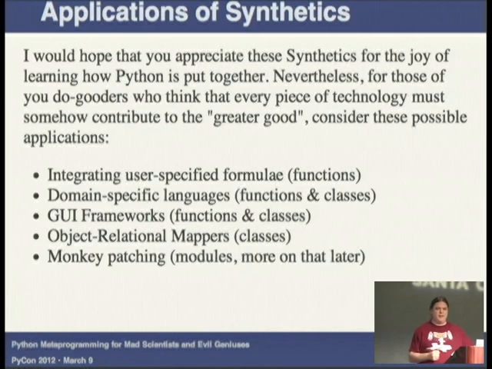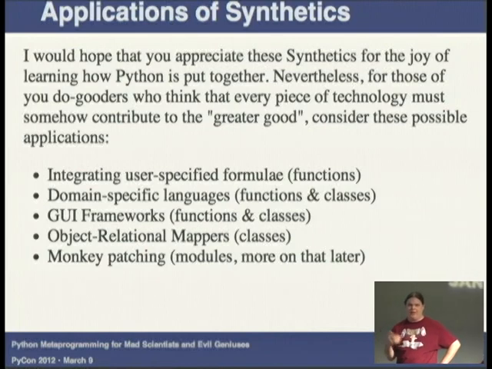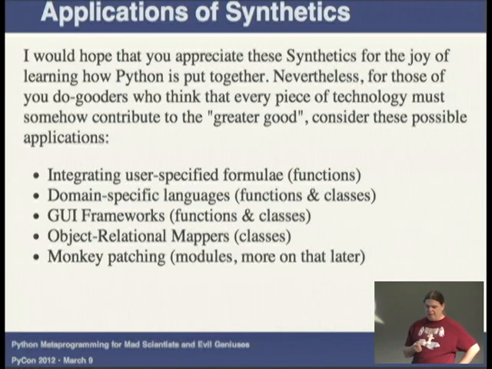But if you want some good use to put to these things, well, you can take user input. Like a user types an expression. You want to turn that user expression into a function. Well, there you go. You synthesize a function.